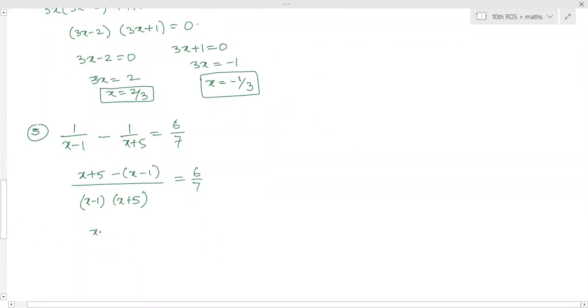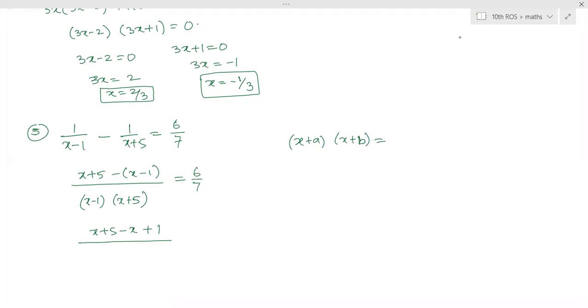Now x plus 5, open bracket, minus x plus 1, and the denominator product. While solving in this chapter, for the denominator product you use the x plus a into x plus b identity. What is the product expansion of this? x plus a into x plus b is equal to x square plus a plus b into x plus ab.